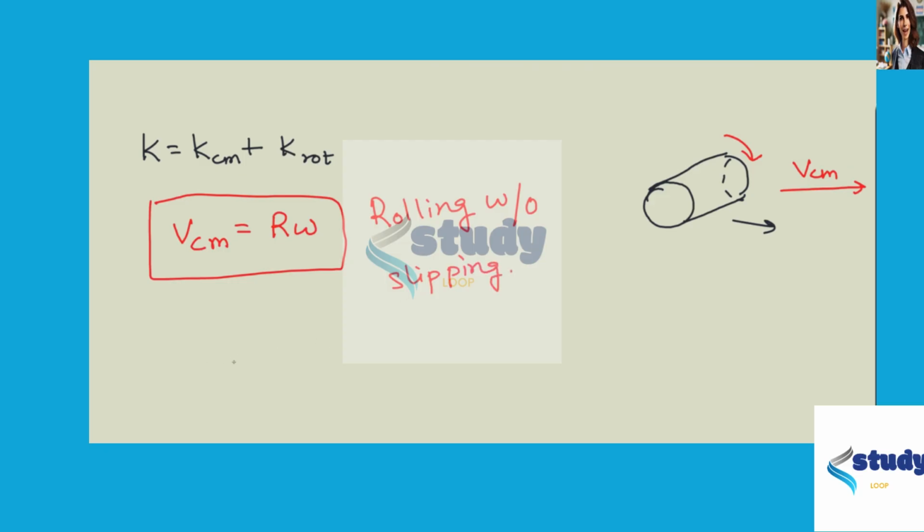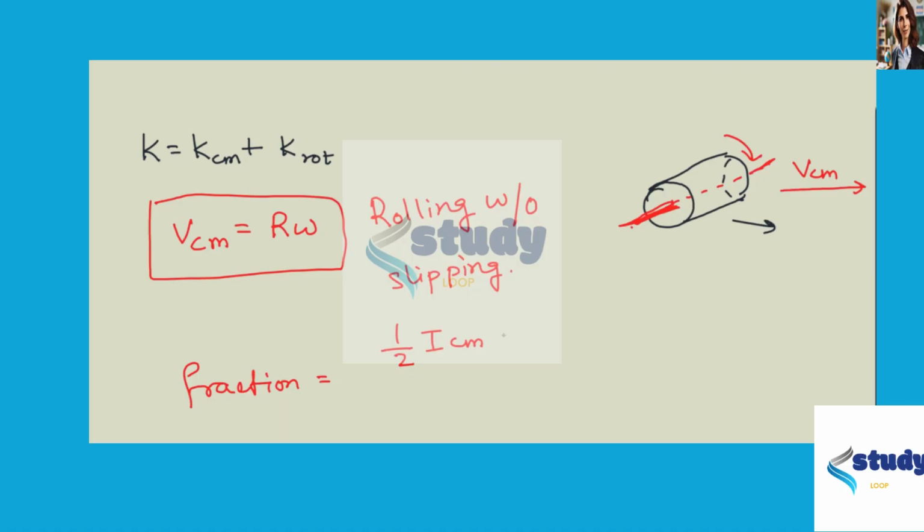So now if we want to write the fraction of total kinetic energy that is rotational, the fraction will be equal to the rotational part of the total kinetic energy, which is 1/2 the moment of inertia when the axis is at the center. Yeah, that's the axis. Sorry for my poor drawing.